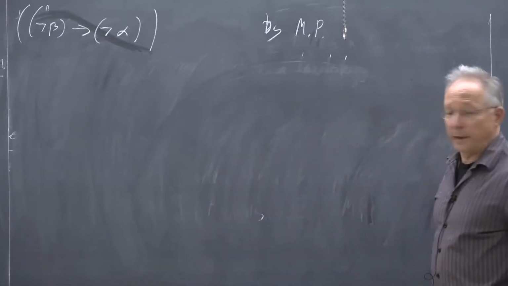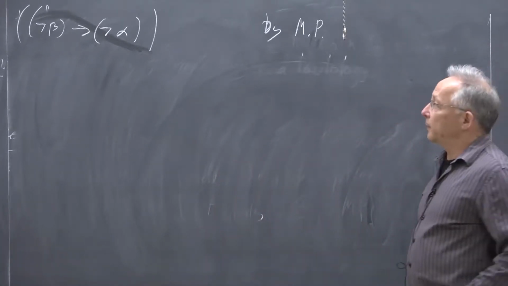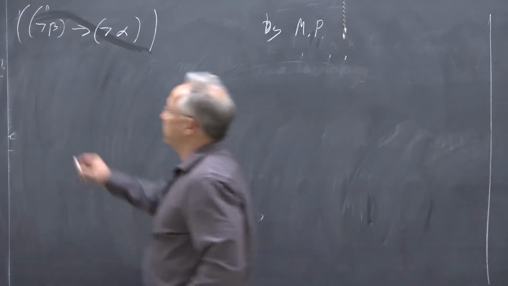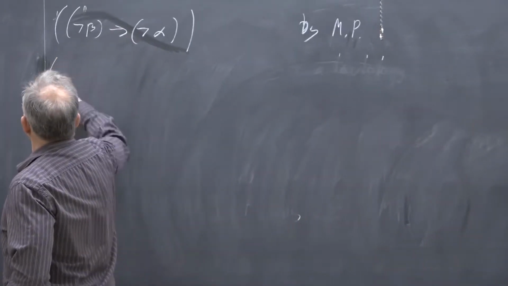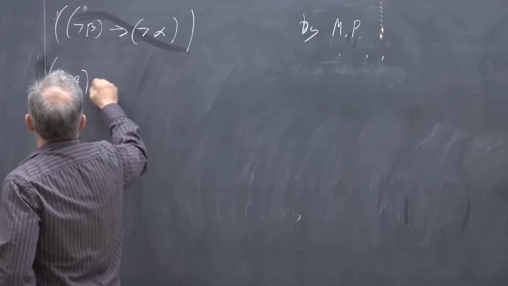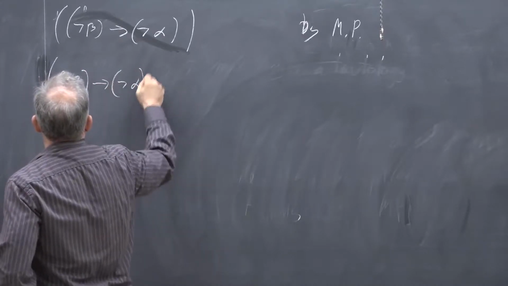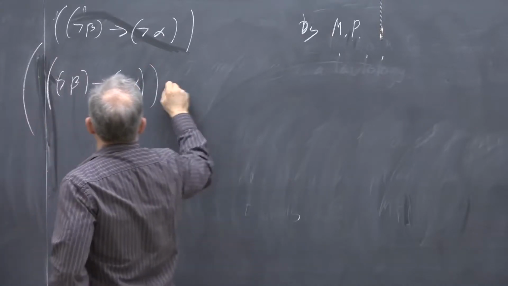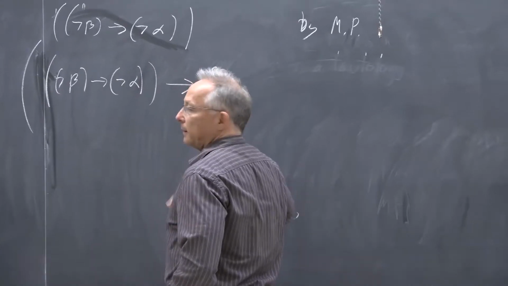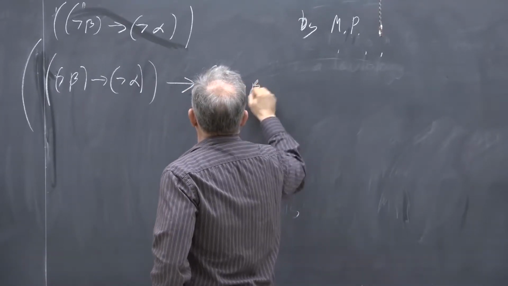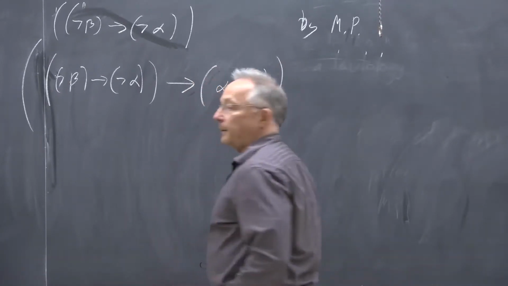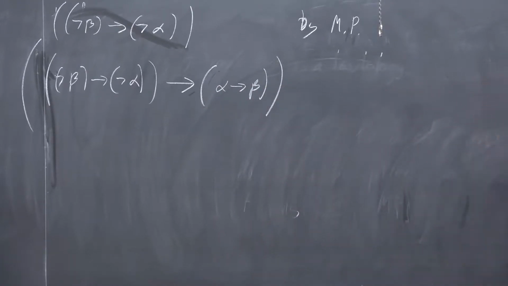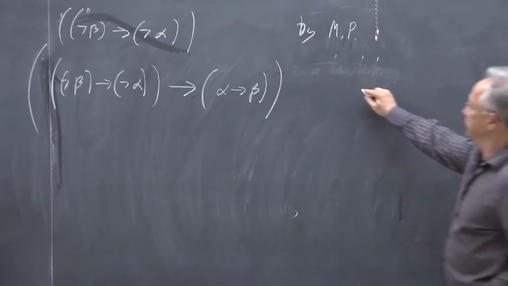But I'm trying to get to beta. So what will I do now? I will write the following. If not beta, arrows, not alpha, then alpha, arrows, beta. Why am I allowed to write this? Right, this is axiom 3.